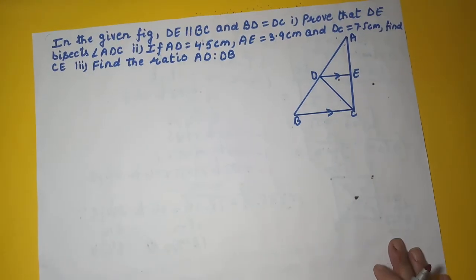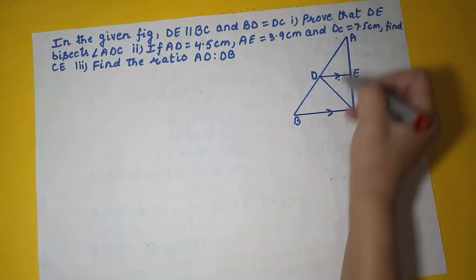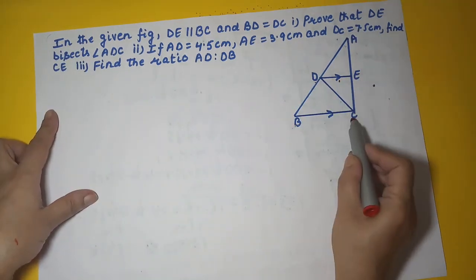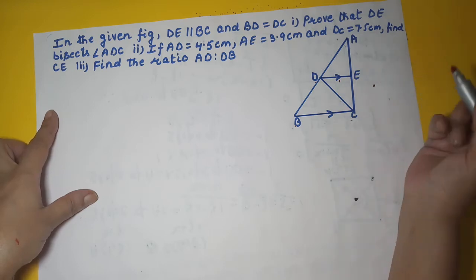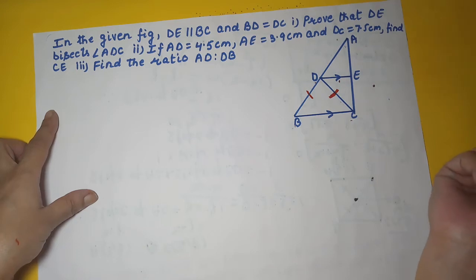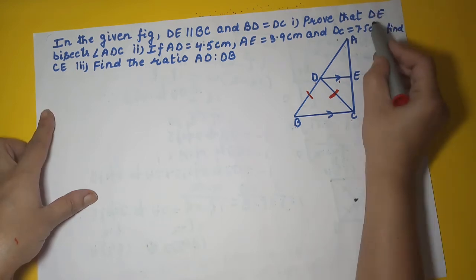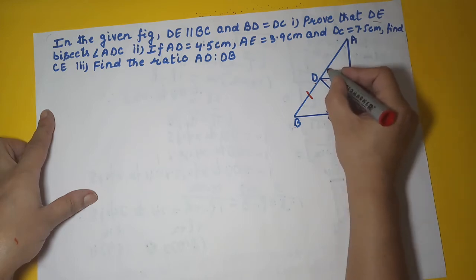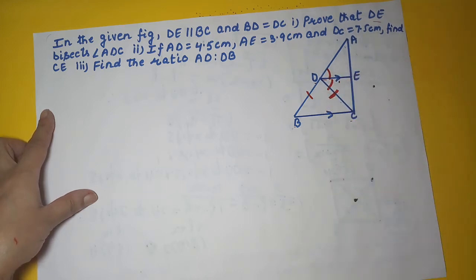Now, next one. In the next question, a figure is given to us. Here, DE is parallel to BC. That is given. And he has also given us that BD is equal to DC. That means this side is equal to this side. We have to prove that DE bisects angle ADC. That means this angle is equal to this angle.